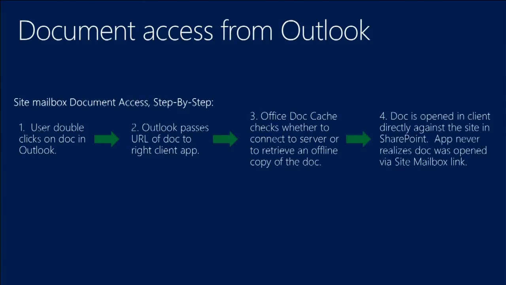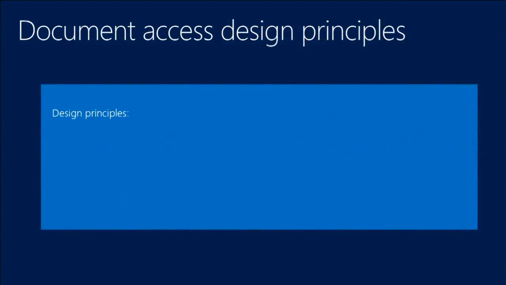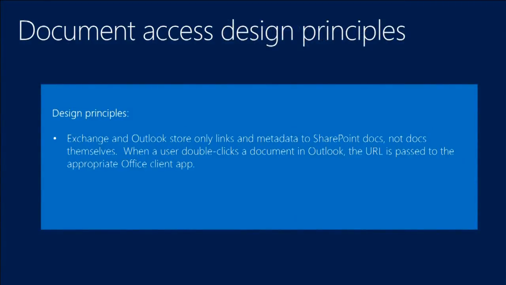It makes that decision automatically, and the document is opened in the client, and the client actually has no idea that the document was opened from somewhere other than the SharePoint site. So from the user's perspective and from the client's perspective, everything is just as if the user went to that SharePoint site and opened the document from there. So this takes us back to the design principles where, one, Exchange and Outlook store only the links and metadata about the document.